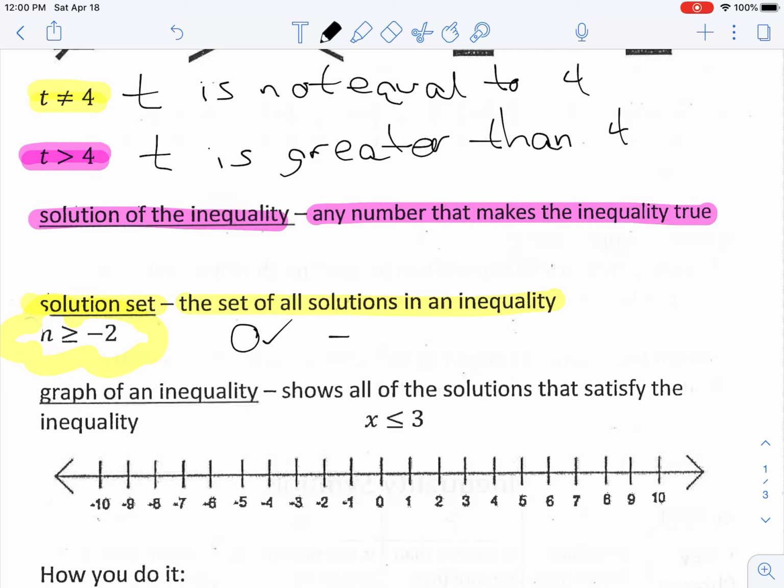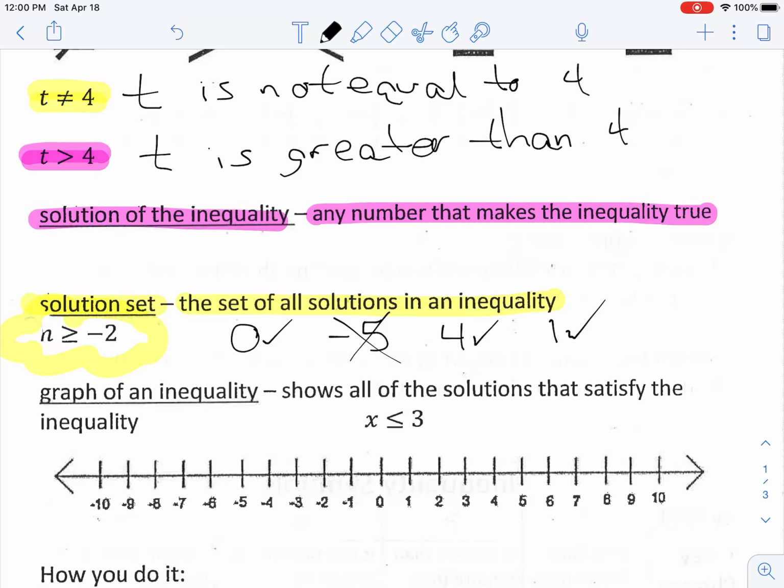What if I had a solution of -5? Is -5 greater than or equal to -2? No. What about the number 4? Is 4 greater than or equal to -2? Yes. What about the number 1? Is 1 either greater than or equal to -2? Yes.